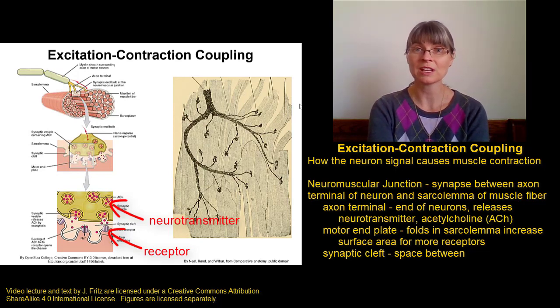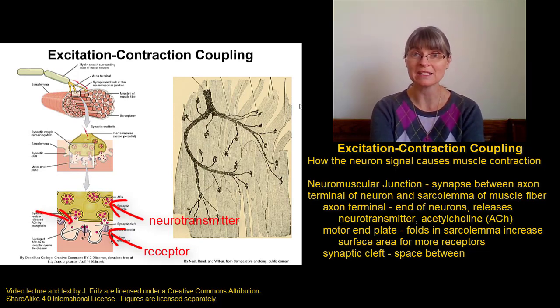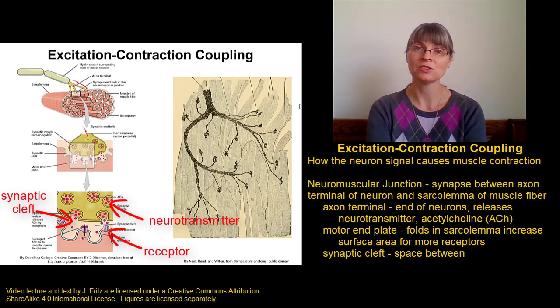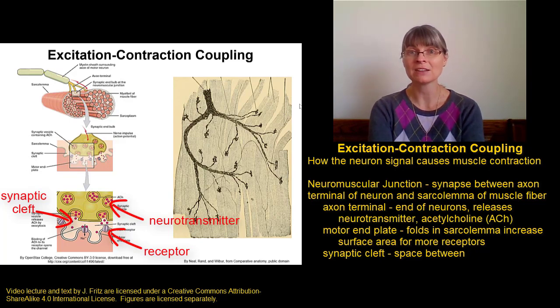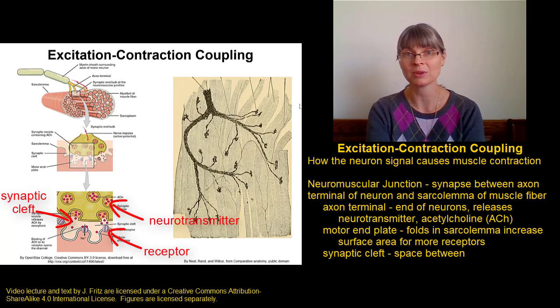The neurotransmitter is going to get released into this space between the neuron and the motor end plate called the synaptic cleft. It's a little space between them. And the neurotransmitter diffuses across the synaptic cleft and then binds to all of the receptors here on the motor end plate of the muscle fiber.